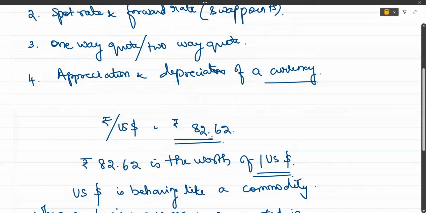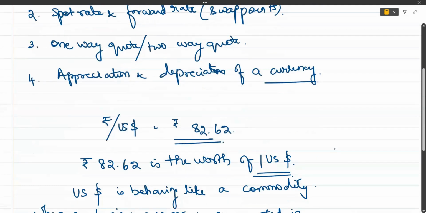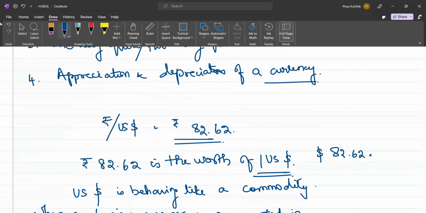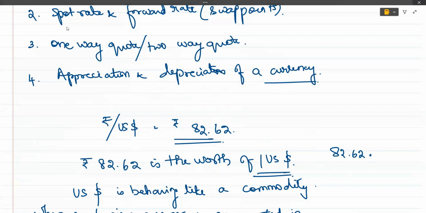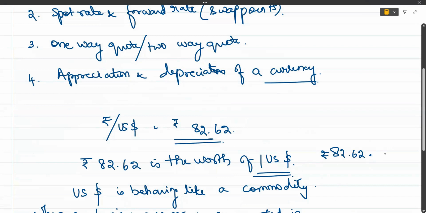So how many dollars will you get for 1 rupee? If 82.62 rupees is $1, then for 1 rupee, how many dollars will you get?